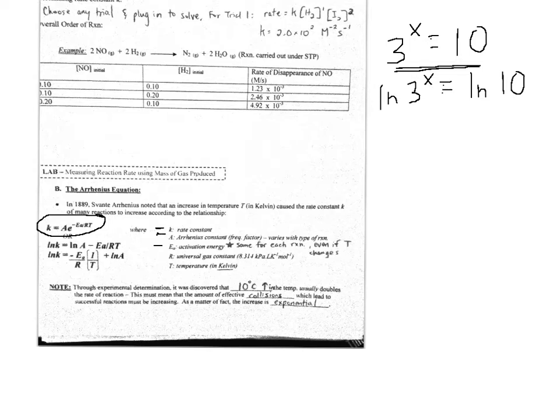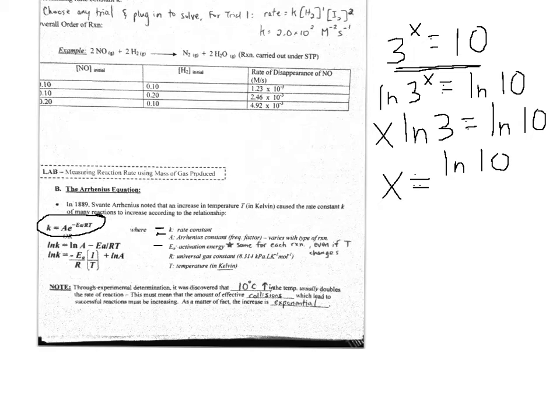Now the natural log of 3 to the power of x is the same as x natural log 3. Now we're in a position where we can isolate the x. And we can punch that into our calculator easy enough to find the answer.